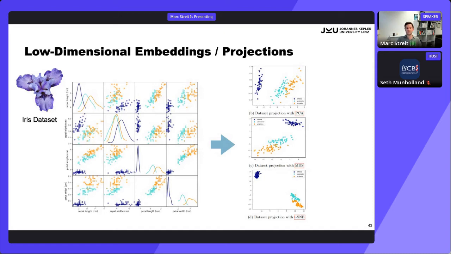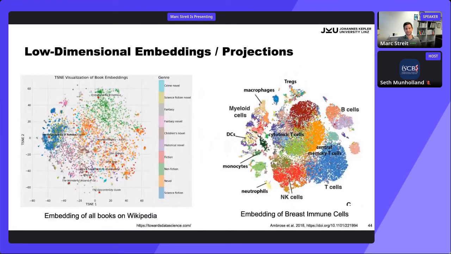And the closer two points are here, for instance, in the scatter plot, that's the famous iris data set, and you just reduce it to a lower dimensional space, the closer two points are, the more similar they are in high dimensional space. So that's the assumption and how to read it.